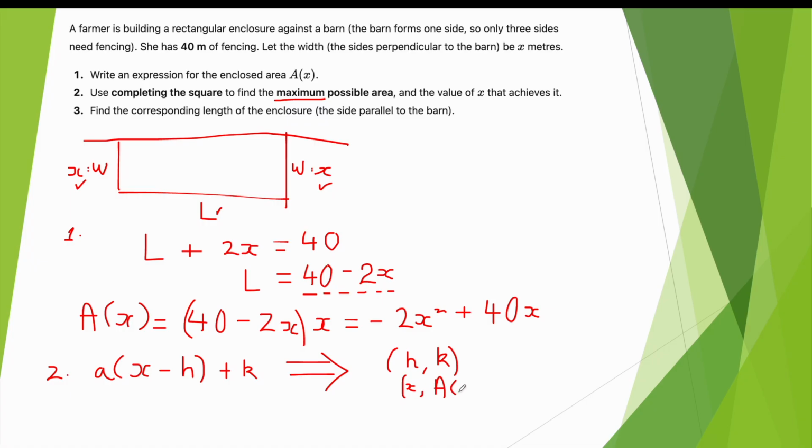So this question is effectively asking us what value of x, so what width, is going to generate the maximum area. So we need to start completing the square, and I also need to include the square symbol here for it to make sense. The first thing I'm going to do is remove the factor of minus 2.